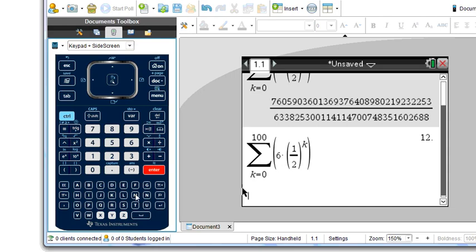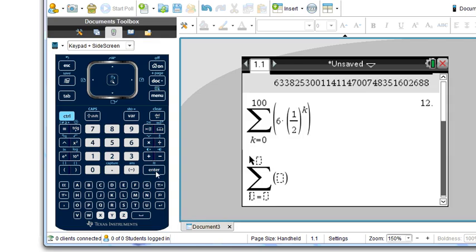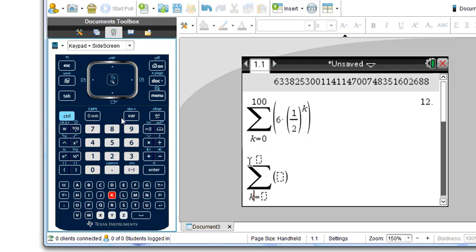Last time I used 100. Let's go here, second row, fourth icon from the right. We have K equals 1. This time, instead of going all the way up to 100, I'm going to go up to 10.